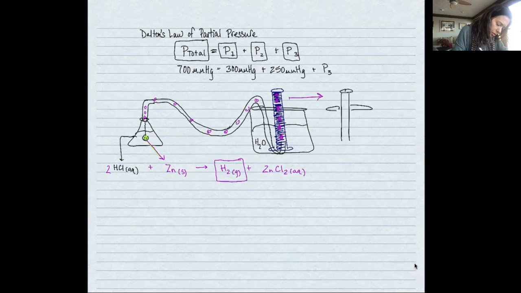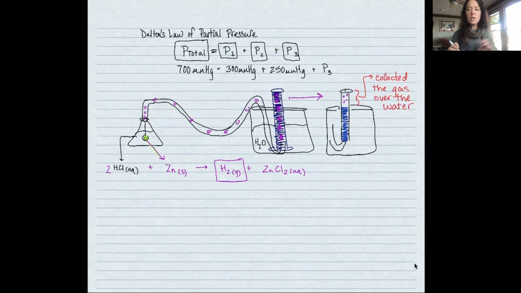It's now going to look more like this. We still have the gas coming in. The gas has collected up here. The water has been pushed down due to the pressure of that gas. So what you can see right here is that we have literally collected the gas over the water, right? It's sitting over the water.